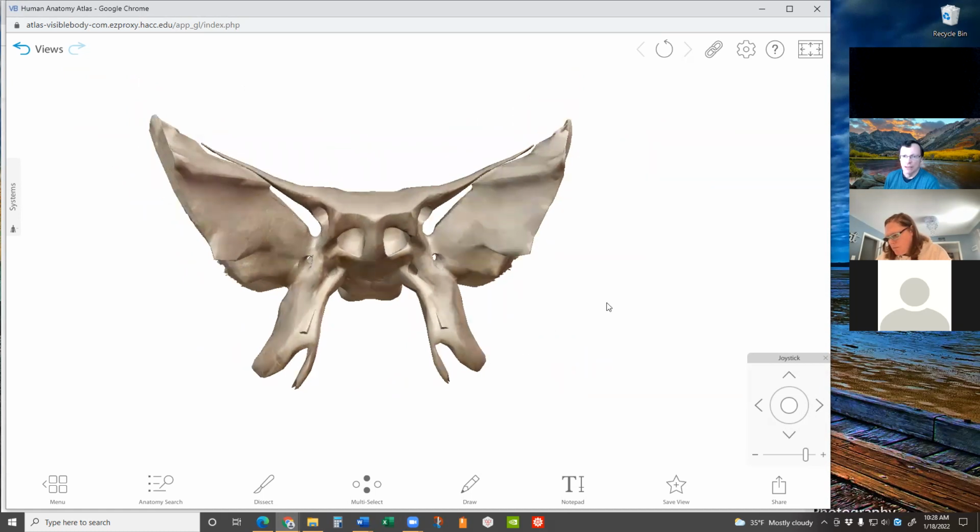All right, so let me ask in the chat window. Have you successfully isolated the sphenoid bone on your computer?